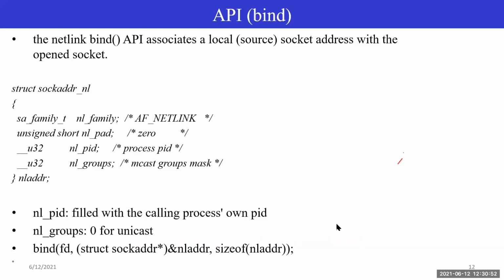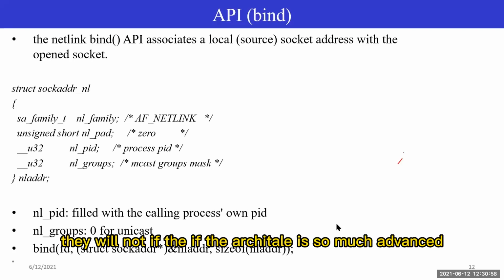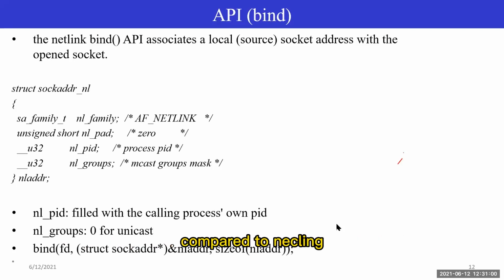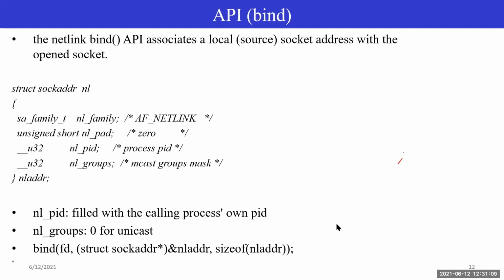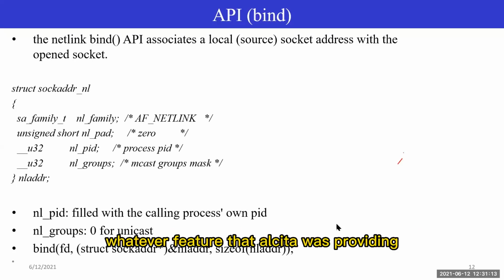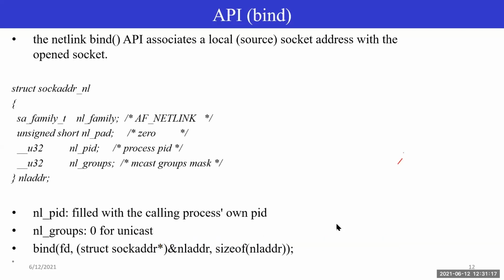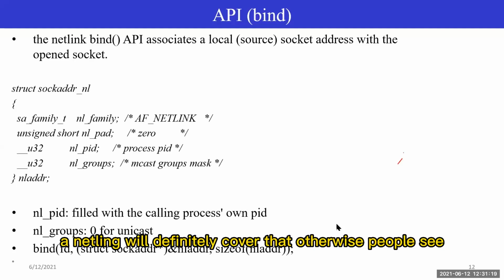I do not think so. Otherwise, if IOCTL is so much more robust compared to Netlink, then people would not develop this. Netlink comes after IOCTL, so it is quite normal to think that whatever feature IOCTL was providing, Netlink will definitely cover.